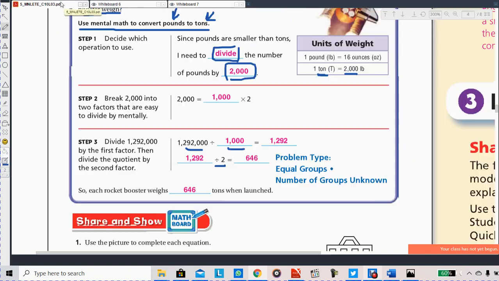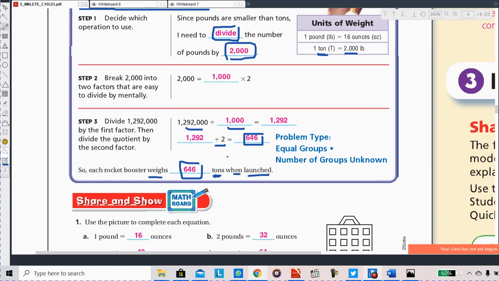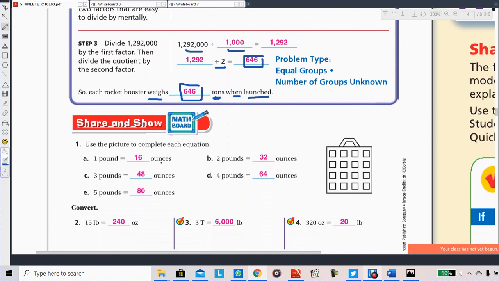Okay, let's move to our lesson. So the answer is 646. So each rocket booster weighs 646 tons when launched. Okay, let's move to the next exercise.